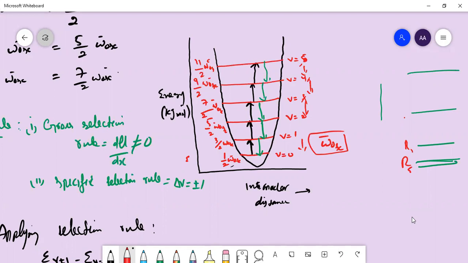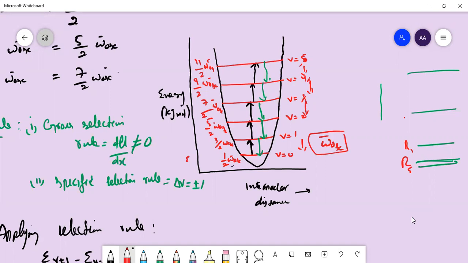So what will happen here is that the energy levels are equally spaced. So a transition between any neighboring states, whether from V0 to V1, V1 to V2, or V2 to V3, gives rise to the same energy change.